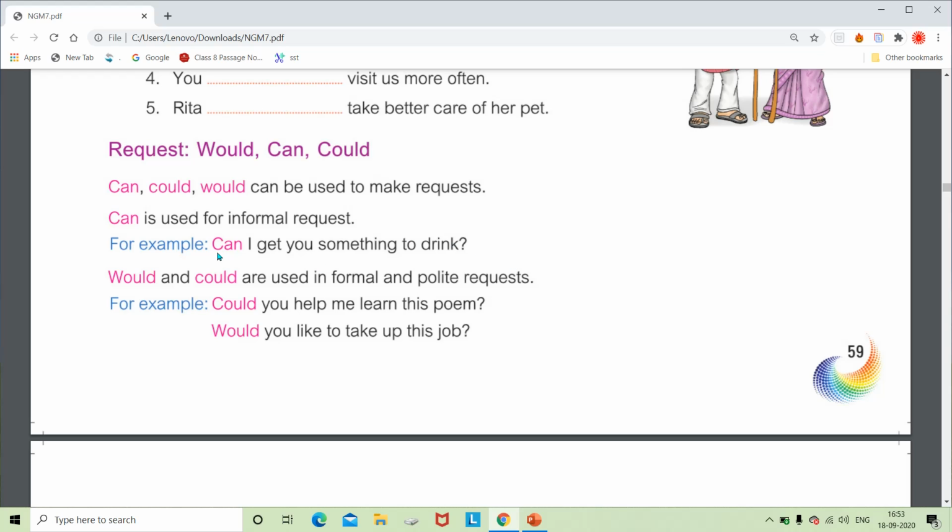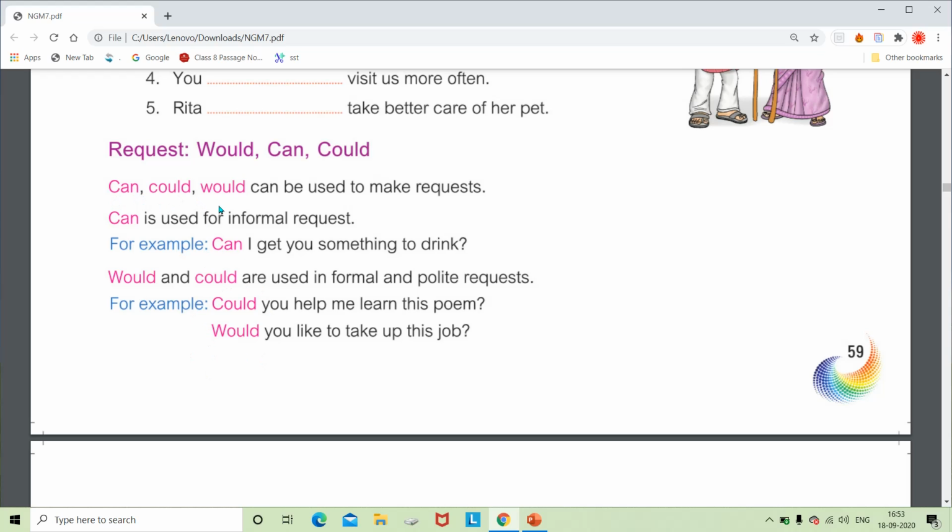If you are requesting your friend, you can just use can, but if you are requesting your elders, officers or teachers, you have to be a little humble and polite, so there you can use could and would.